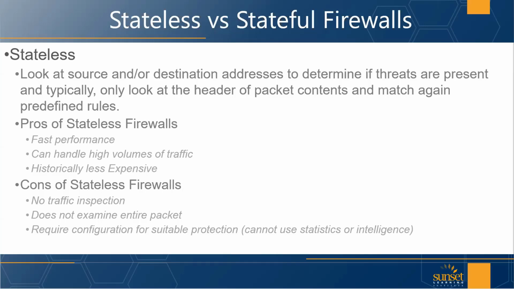What I mean by that is I don't get any intelligence feeds to it. I'm not tracking any of the connections. So basically this is a reactive piece. I can't use any sort of intelligence to predict future malicious traffic. So we're constantly building rules in this to make sure it works.